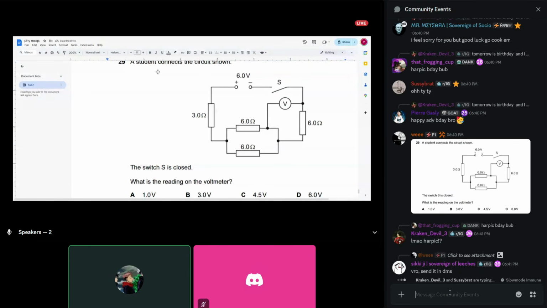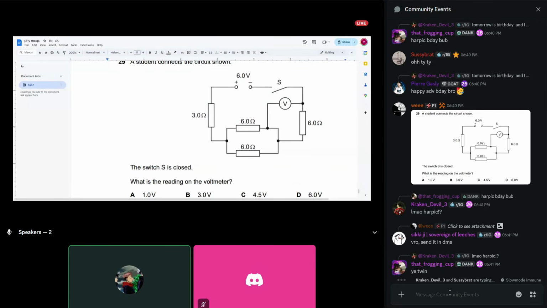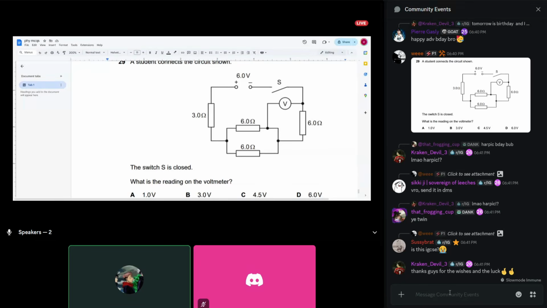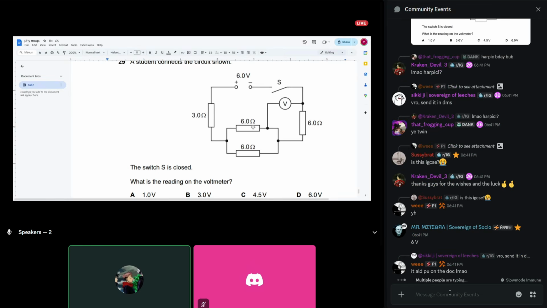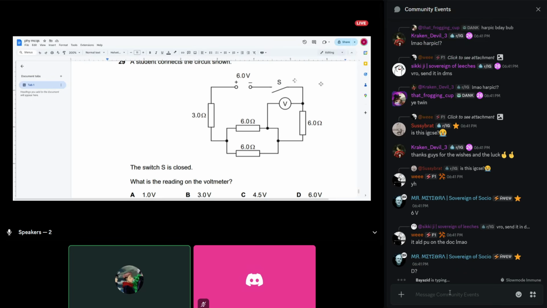The switch S is closed. What's the reading on the voltmeter? It looks tricky, but it's very, very simple. First thing to do is consider this as a parallel combination. So 3 and 3, so 1 by 6 plus 1 by 6, 3 in this case. So this entire thing is 3 ohms. After that, I can see that the voltmeter is only really across the 6 ohms resistor, right? It is not 6 volts.